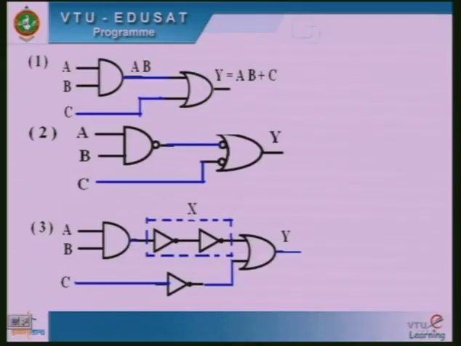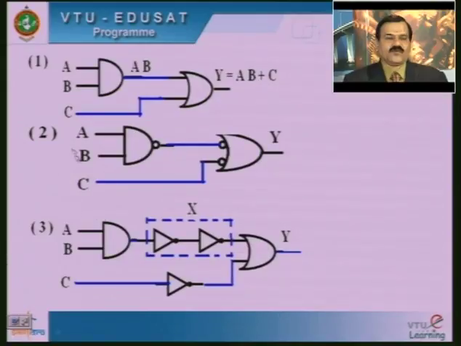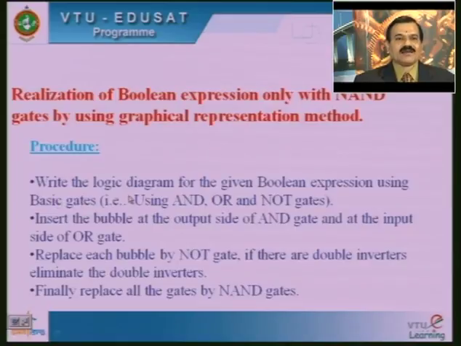Then here, if we are going to see the first step of the operation, write the logic diagram for the given Boolean expression using the logic gates, that is using AND, OR and NOT gates. After that, insert the bubble at the output side of the AND gate and at the input of the OR gate.